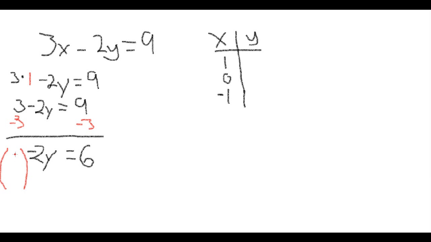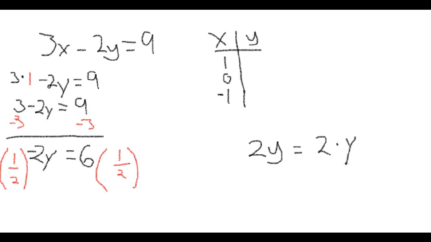So what I'll do is I'll multiply both sides by, well, let's say 1/2 times 1/2. The reason why I chose that is because 2y is the same thing as saying 2 times y over 1, right?